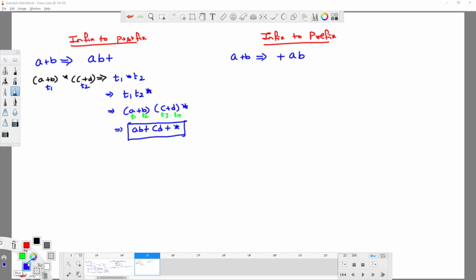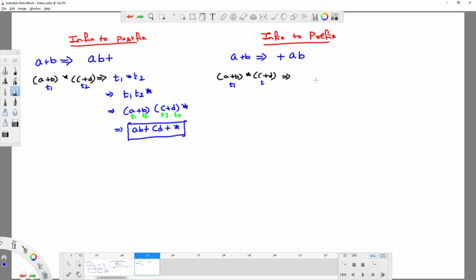Similarly, how do you deal with the same expression for the prefix? (a plus b) into (c plus d). The same way as I did here, assume this one as t1 and this one as t2.